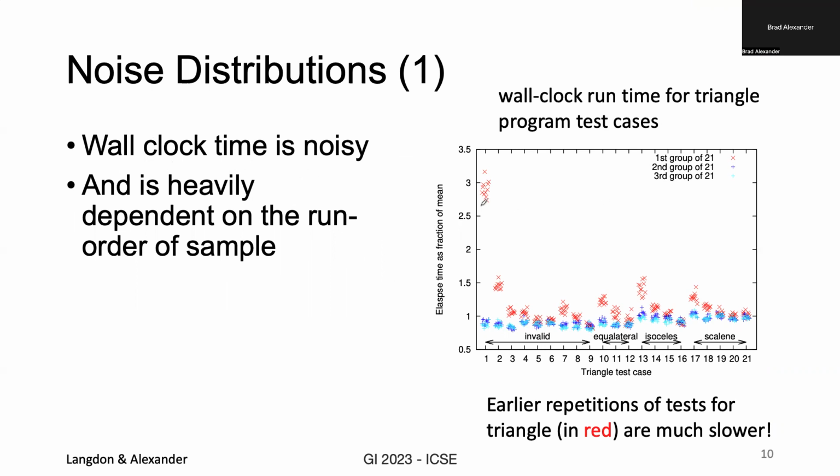What you see here is that these red points are the runtimes of the first trials on these particular test cases. You can see that for these test cases, the first trials take quite a while as the whole test harness and all the software around it warms up. Then as the batches increase, you get more reliable and less noisy runtimes on each of the test cases.